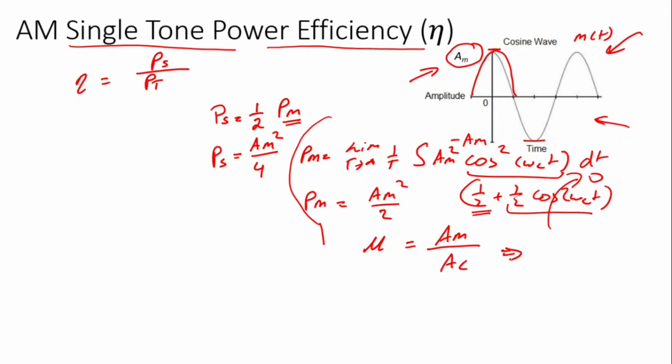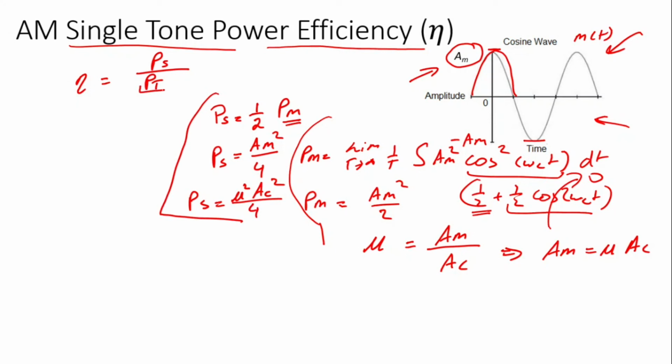And from here we can say that Am is simply equal to mu AC. So we can say that the power of sideband is mu square AC square by 4. So this is our power of the sideband.